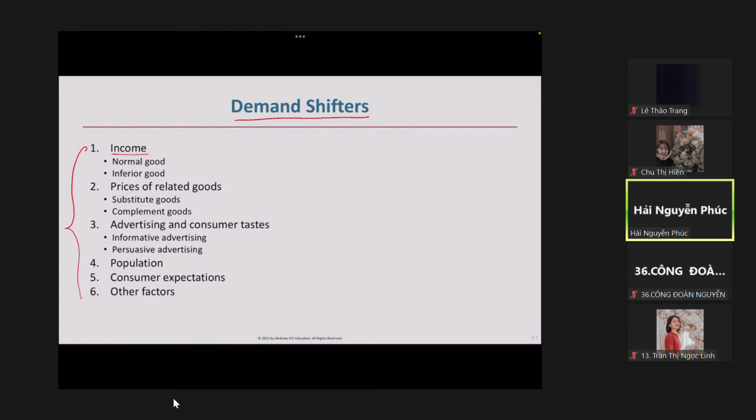Recall that for a normal good, the relationship between income and demand is positive. When income increases, the demand increases. For an inferior good, the relationship between income and demand is negative. So when income increases, the demand for the good will decrease.